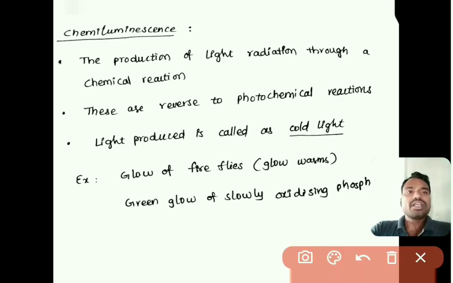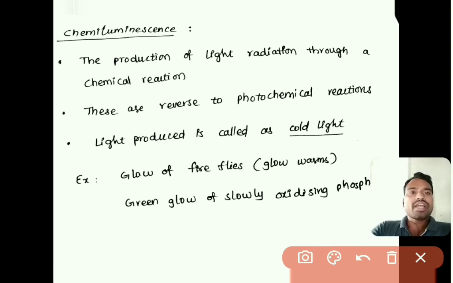The next one is chemiluminescence, which means production of light radiation through a chemical reaction. In photochemistry, what we learned is that by absorbing some light energy, some chemical reactions take place.